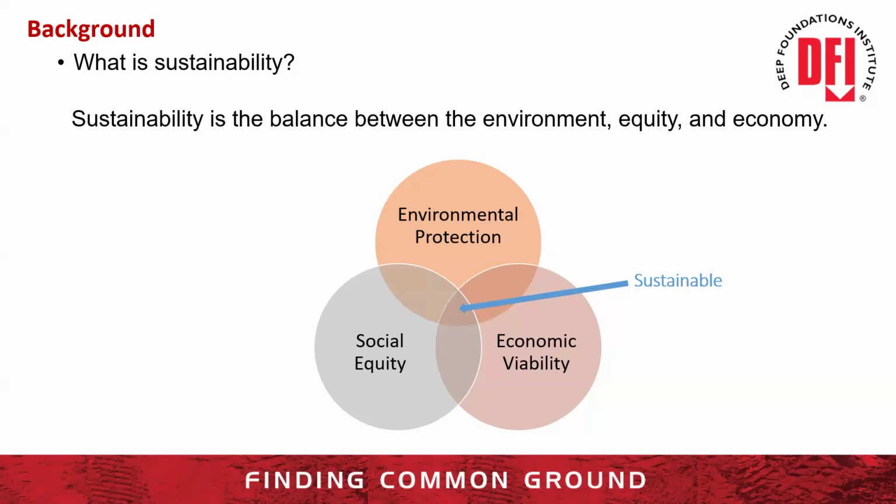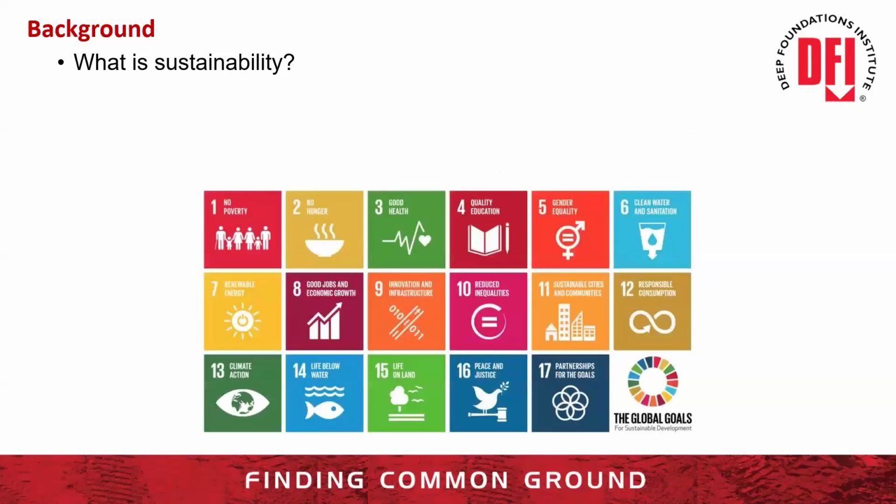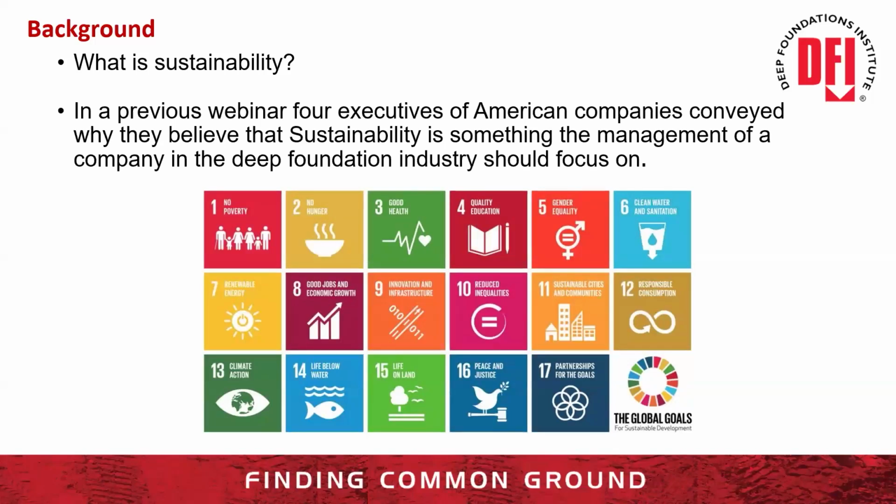Those are just completely separate. But what you see in this chart is that the sustainable solution still needs to look at the economic viability. When the United Nations developed the concept of sustainability, they split it up in 17 different sustainable development goals, the SDGs. And all those aspects can be considered.